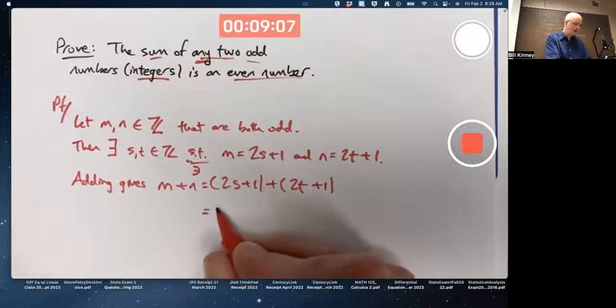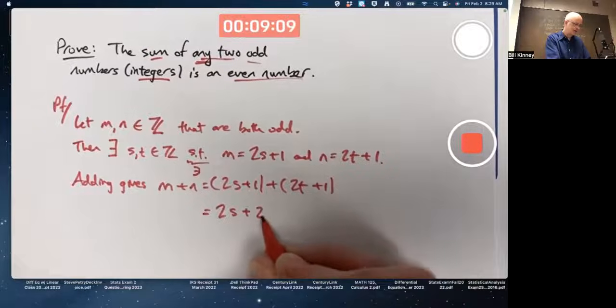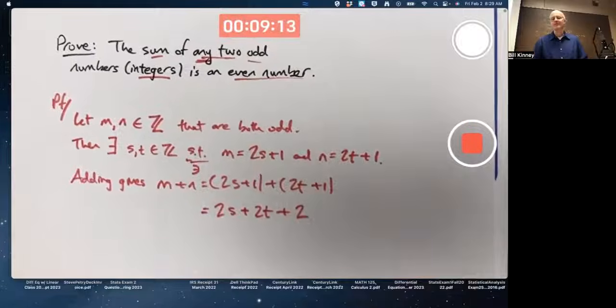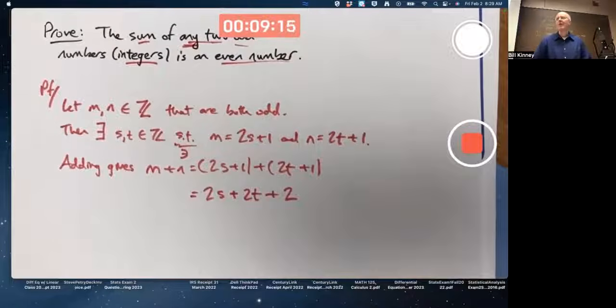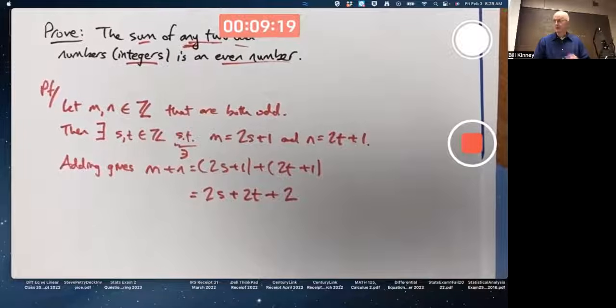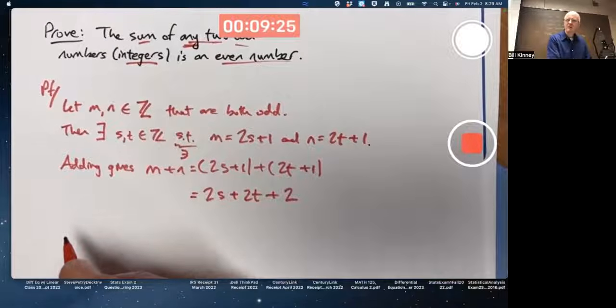I can write this as 2s plus 2t plus 2. Why? You could just say because of properties of arithmetic, because of properties of integers. I'm going to be a bit more specific.